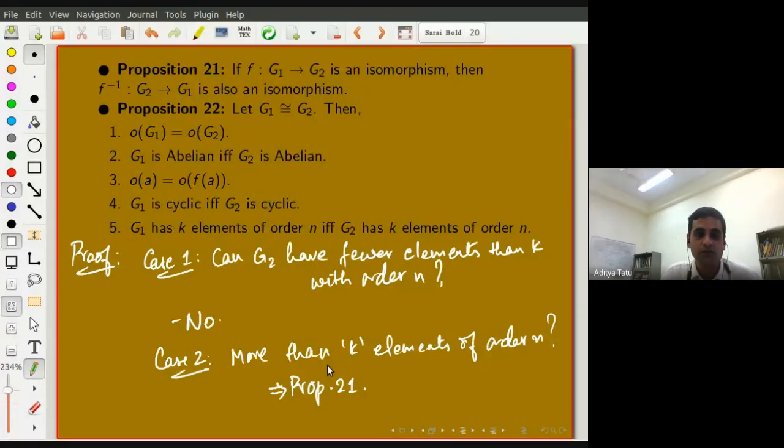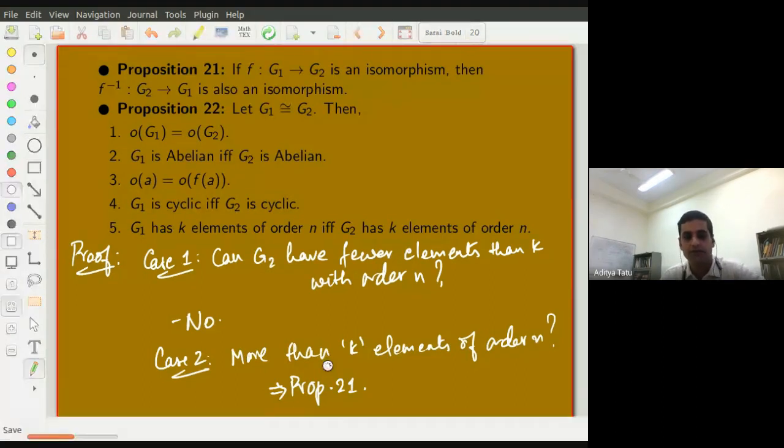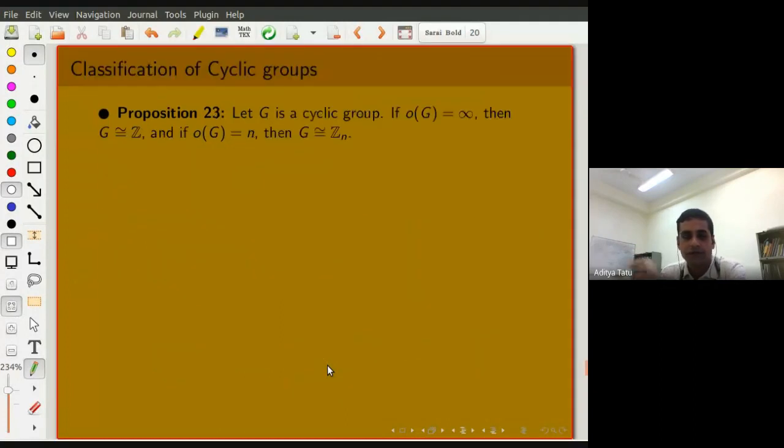Okay, but isomorphism is a much stronger and stricter relation or function. Okay, and you can see that it preserves a lot of properties between groups.